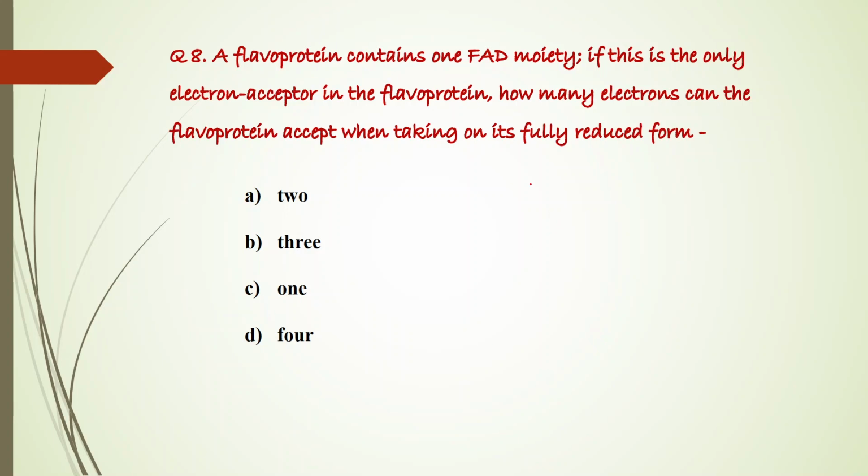So there is only one FAD that is involved in the overall reaction. Now you are fully reducing FAD. So how many electrons can the FAD associated with the flavoprotein accept during this process?